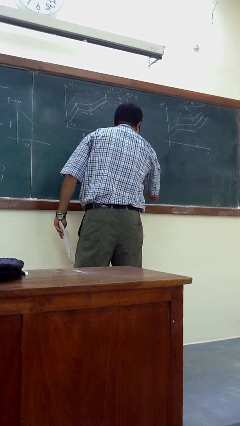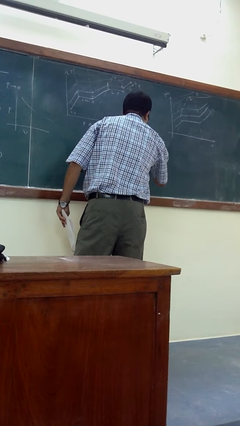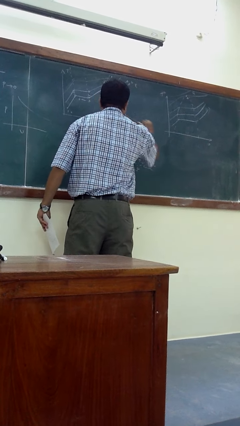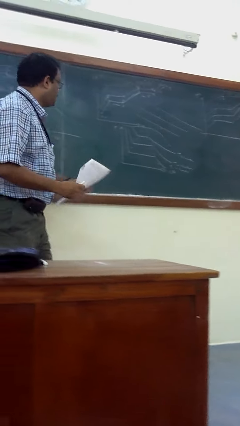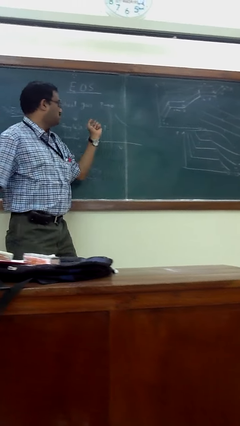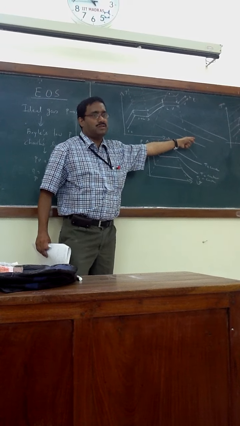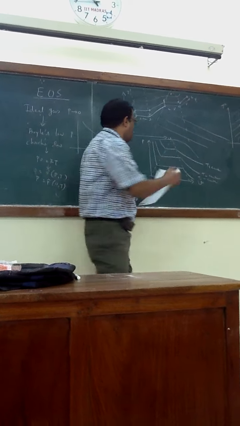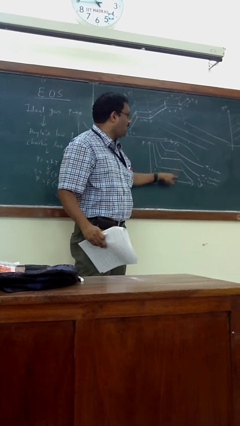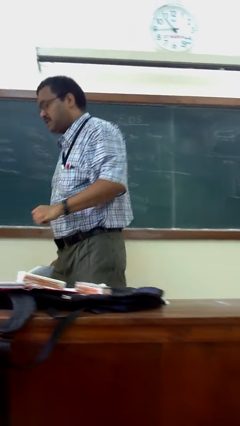This is for different temperatures, where T1 is constant, this is T2 constant, this is T3 constant, and here some point, and here everything is ideal gas. So this is my complete PV diagram. This part is okay, I can have the ideal gas equation, my job is done. This is my critical point. You have seen this diagram earlier. Each curve is called an isotherm because along each curve temperature is constant.